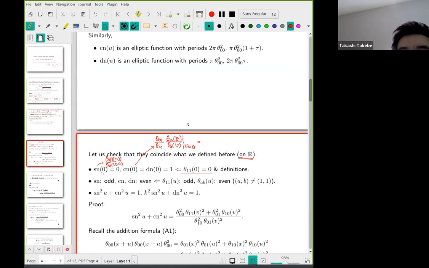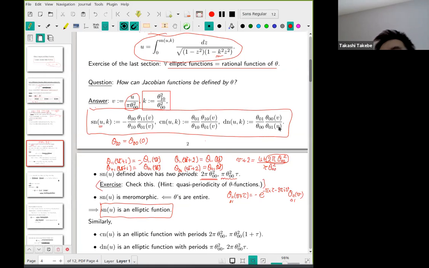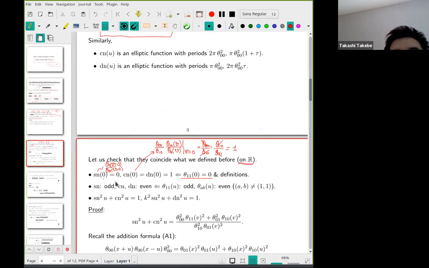So this is just a ratio of products of the zero values like this, and well, they trivially cancel and give you 1. For dn, this is just the same. We have theta 0, 0 here, 0, 0 here, 0, 1 here, 0, 1 here. So we have checked these properties.